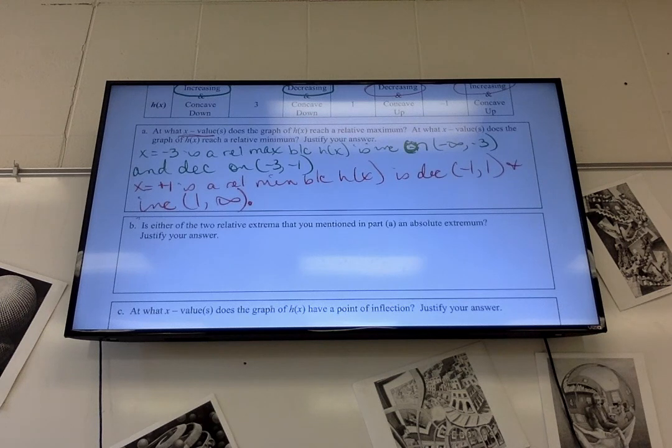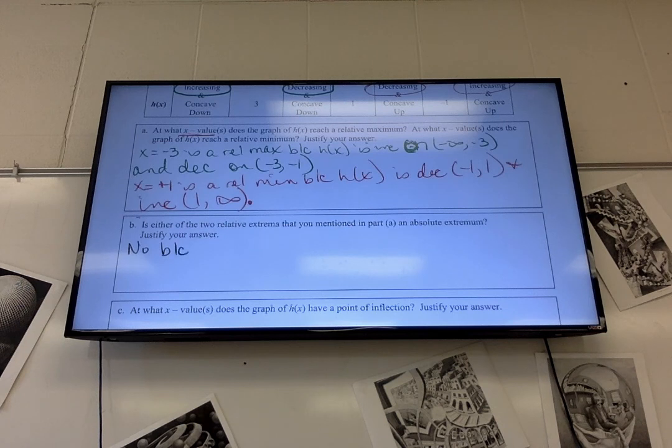So, no, because I'm going to say h of x is a cubic function, so h of x goes up forever and down forever.